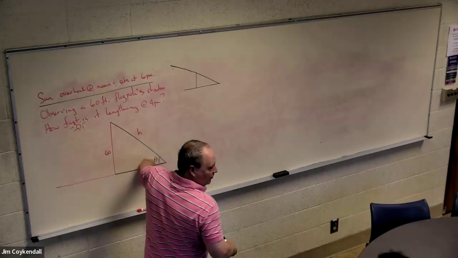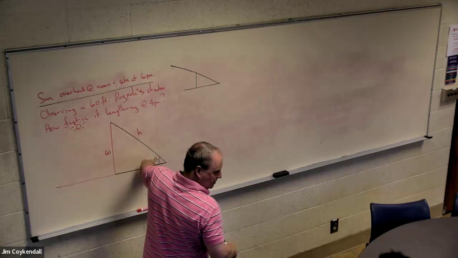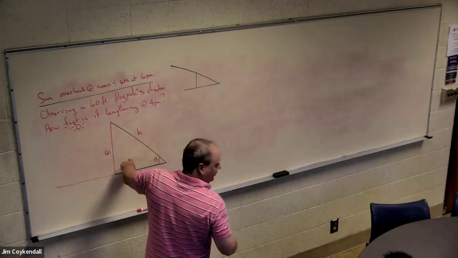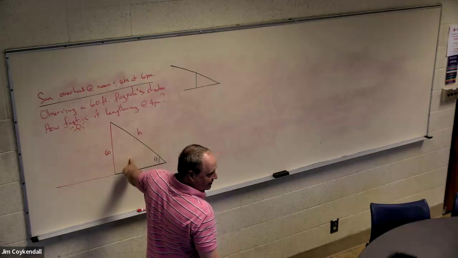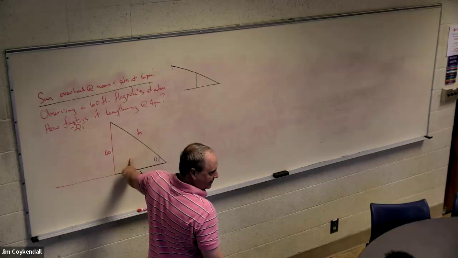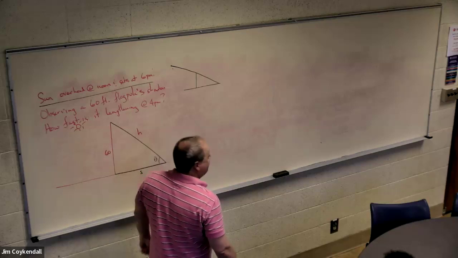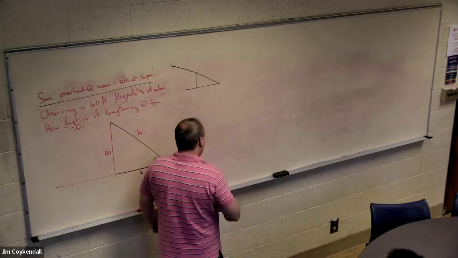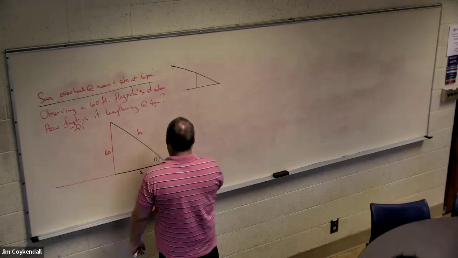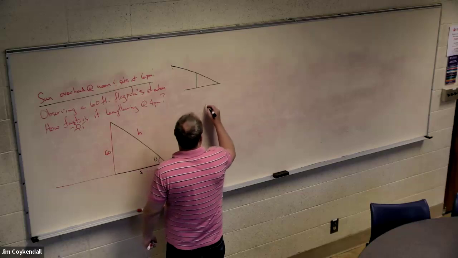At noon, we'll say theta is pi over 2. At 6 p.m., what will we say theta is? I would expect theta to change from pi over 2 to 0.